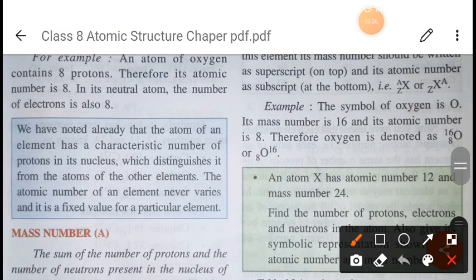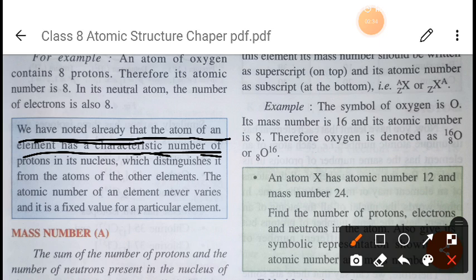Now next, we have already noted that the atom of an element has a characteristic number of protons in its nucleus, which distinguishes it from the atom of another element. It means it is the number of protons which distinguishes one element's atom from another element.